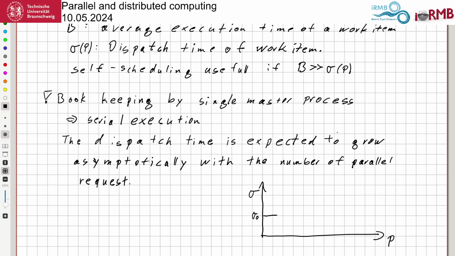This is if your boss is idle, lying on the beach. So there's just a time that you need to go to the boss, ask for work, and the boss hands you some work. As long as there are few parallel processes that don't step on each other, there will be no dependency of this time on the number of processes. It will always take the same time because the boss is usually idle.